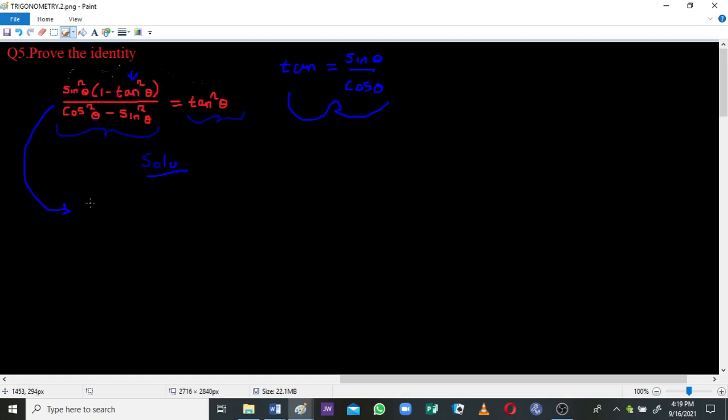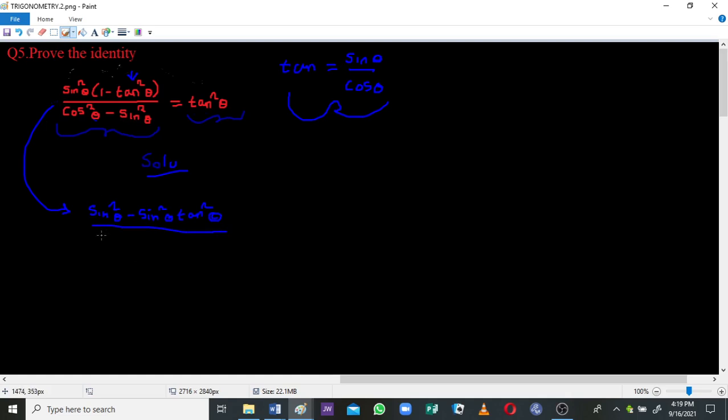So we have sin squared theta multiplied by 1, which gives sin squared theta, minus sin squared theta multiplied by tan squared theta. This is what we are going to have on top.